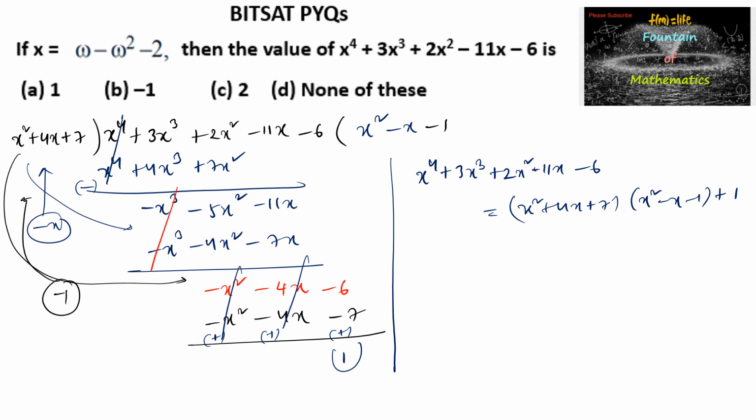And we know that x square plus 4x plus 7 value is 0. So 0 into x square minus x minus 1 plus 1 is 1. So we can go with option A.